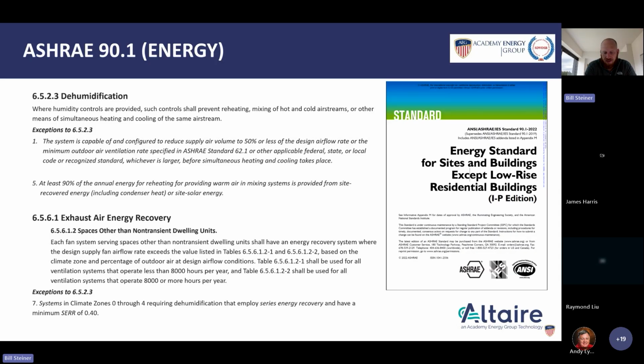So what that means is we can't subcool with chilled water and then have hot water or some other means of providing reheat that requires additional energy inputs in the same airstream. Now, there are several exceptions to that.